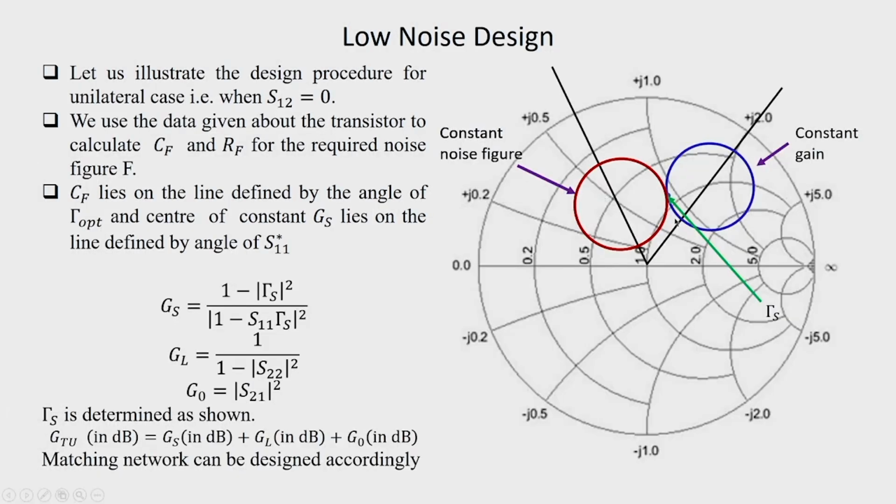So, these are the two circles. This is the Gs circle just touching the circle corresponding to the required noise figure f, and this point of intersection is the gamma s, which actually gives the value of Gs for the required f.